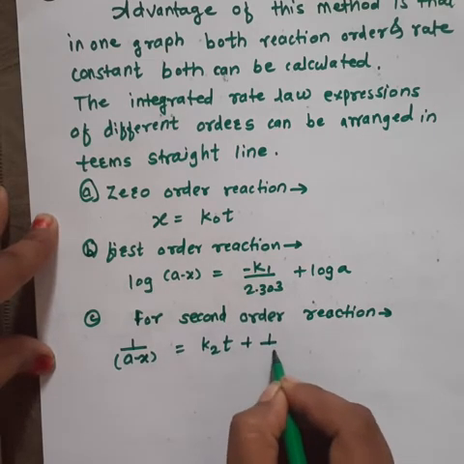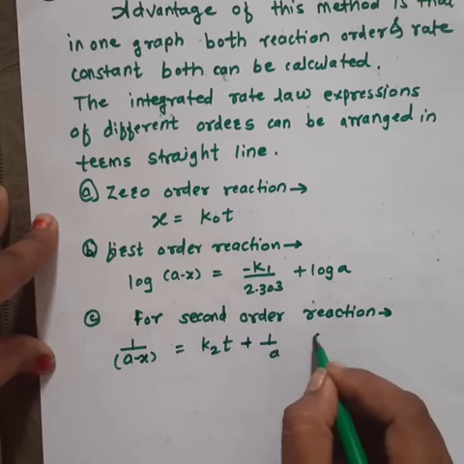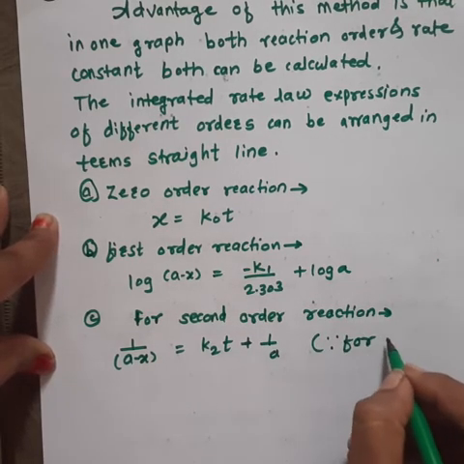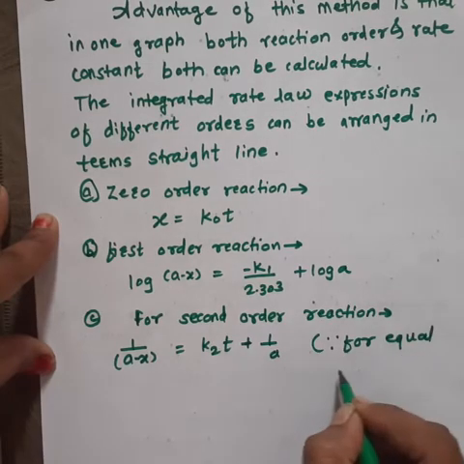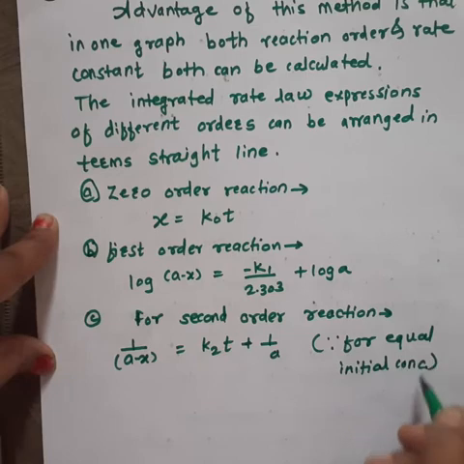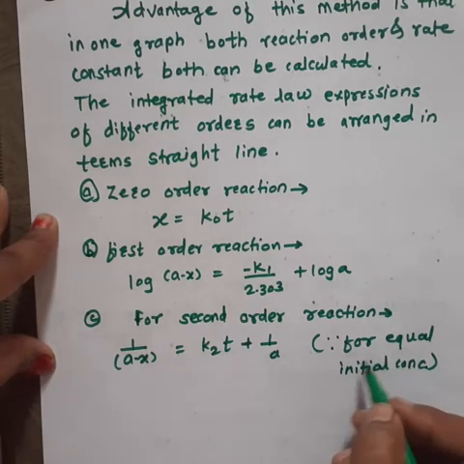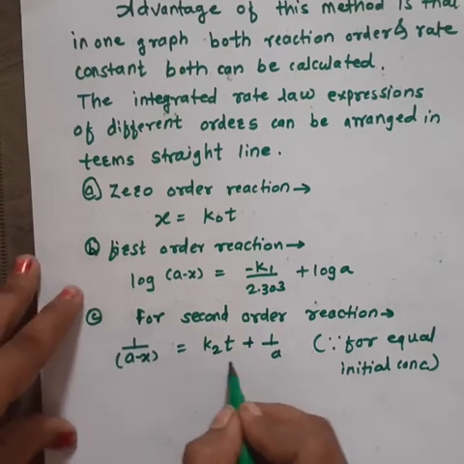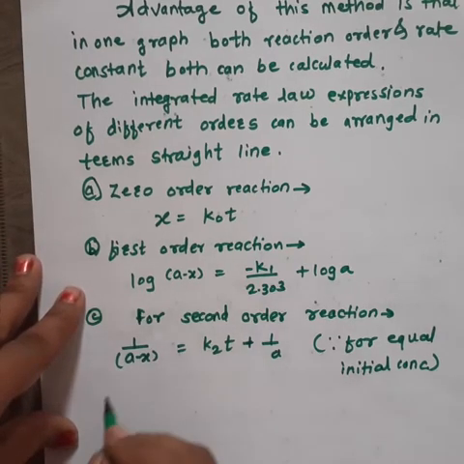This was the case for equal initial concentration. We have already studied the two cases. For equal initial concentration the equation was 1 upon a minus x is equal to k2 into t plus 1 upon a.